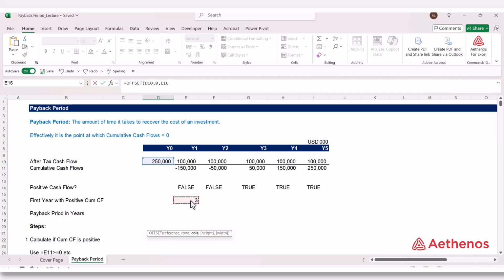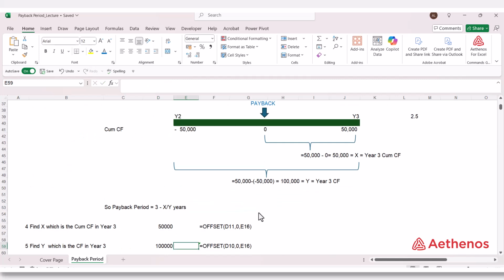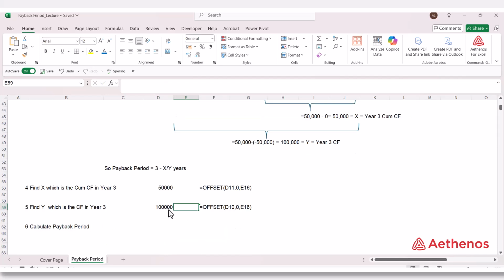So I can use this cell as the cell reference for that. So then I get 100,000. So I got the Y value as well. So now I have found, using the OFFSET function, the X value and then the Y value.